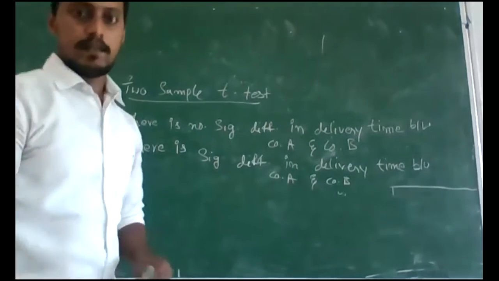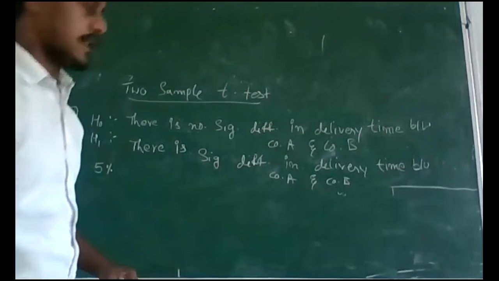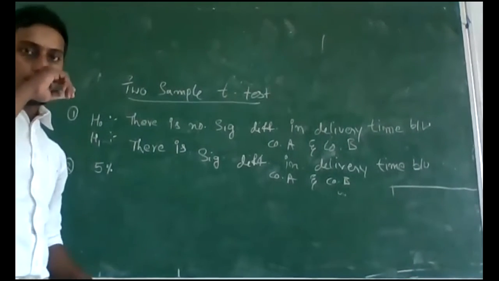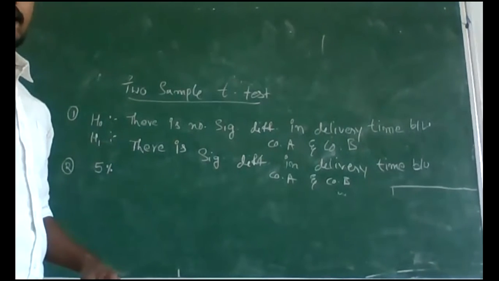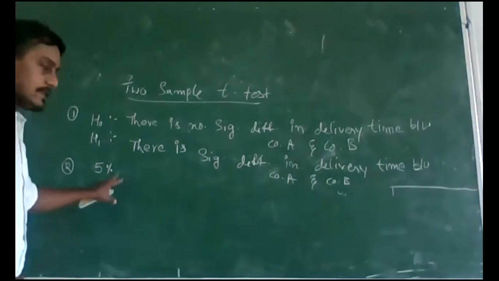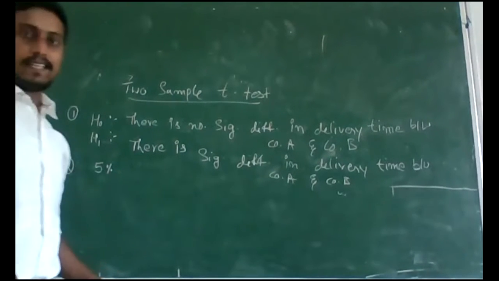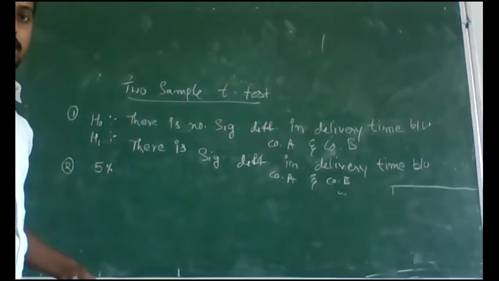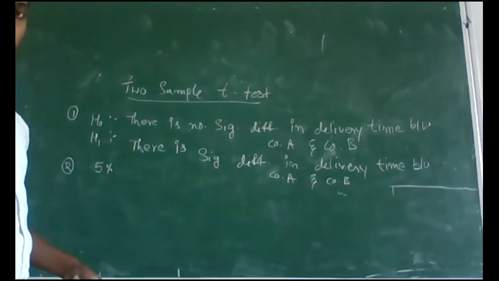See the question: they have not mentioned anything, so we can take it at our choice. If the question states any significance level, then we have to choose that. But in this question no significance level is mentioned, therefore we can choose either 5% or 1%.